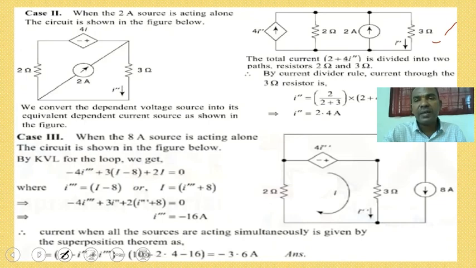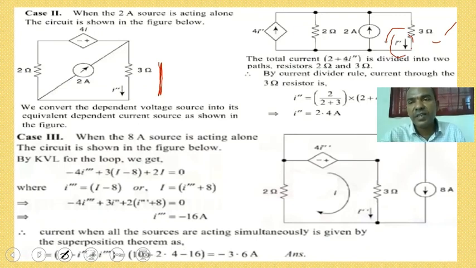So the net current you have to write as 2 plus 4I double dash. Now the 3 ohm resistor current you have to take, that is the I double dash value you have to calculate.